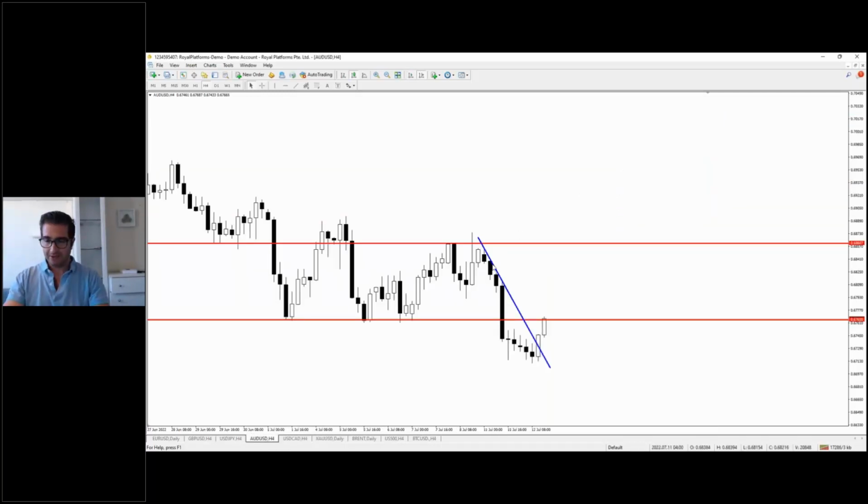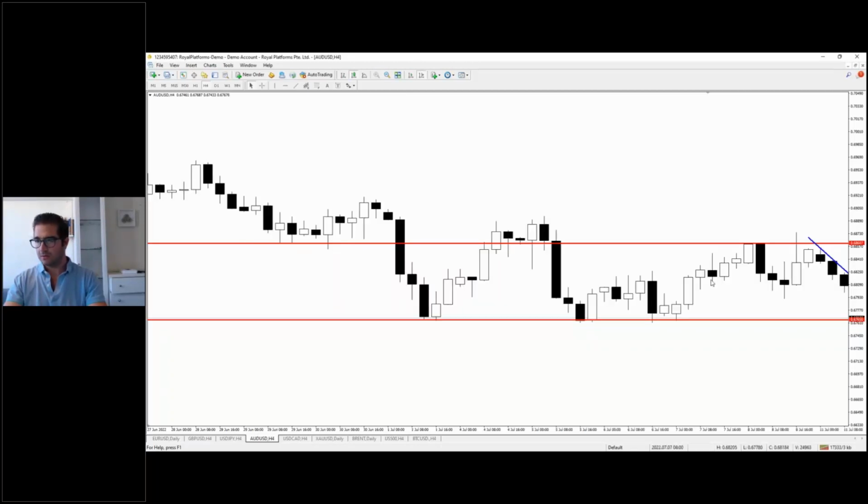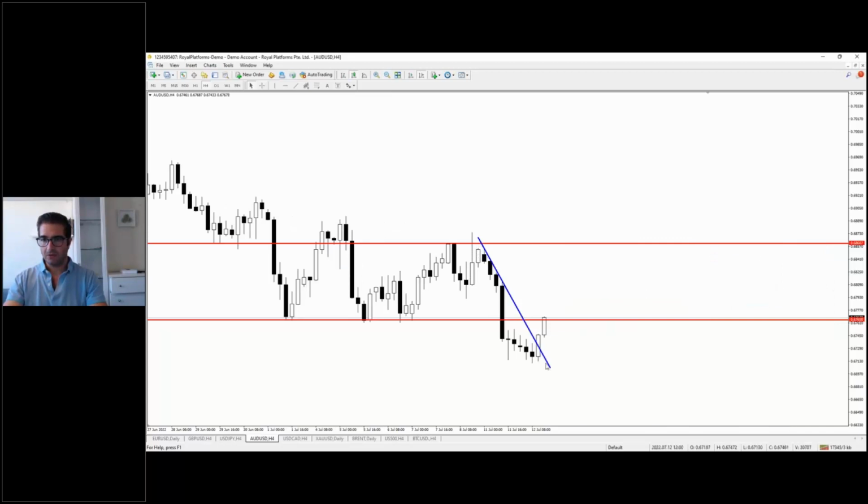Australian USD. Australian USD is showing some strengths under this support, which is 0.67. Okay, so we have a breakout as well of this trend line, the bearish one, the blue line.